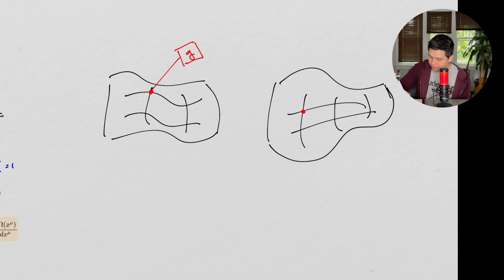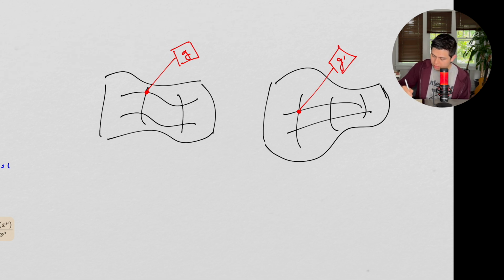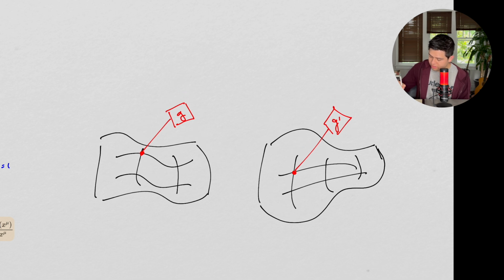We had our metric, prime metric, and let's move these down for a second. These two were related by omega, and omega took the form of the square root of 1 plus 1 L over x mu.